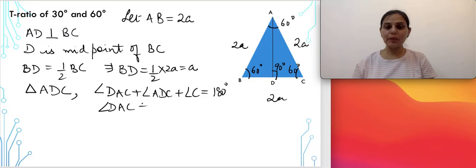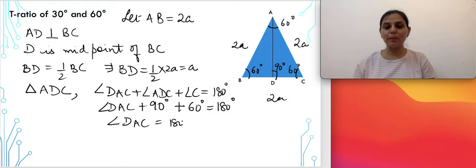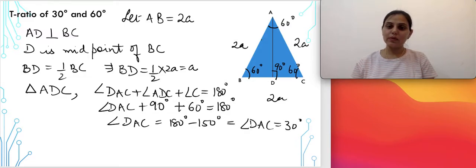Angle ADC is 90 degrees since it's a perpendicular bisector, and angle C is 60 degrees because we have taken an equilateral triangle. Or we can write angle DAC is equal to 180 minus 150. That means the value of angle DAC will be equal to 30 degrees.